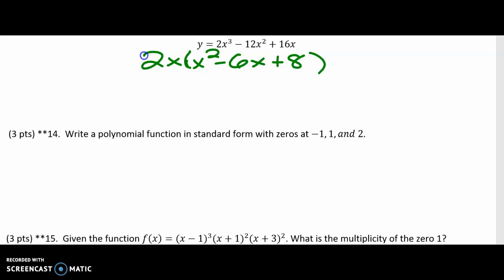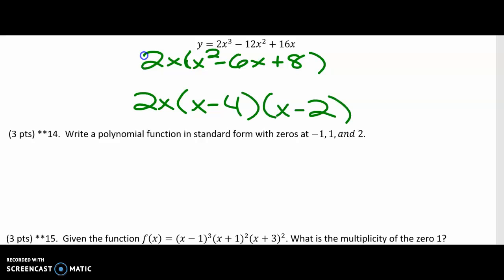Okay, now what I'm thinking is, okay, what multiplies to 8 and adds to negative 6? For me, all right, and for you, that should be negative 4 and negative 2. Okay, there's my answer because all I wanted was factors. Okay, so there's my factored form.